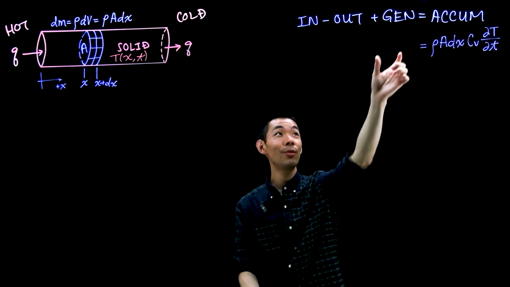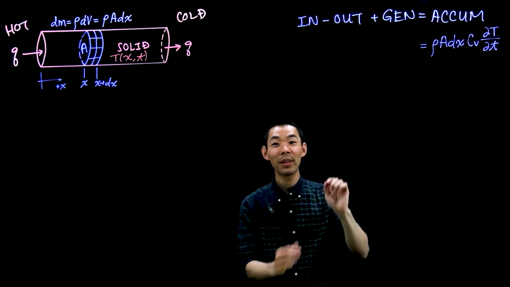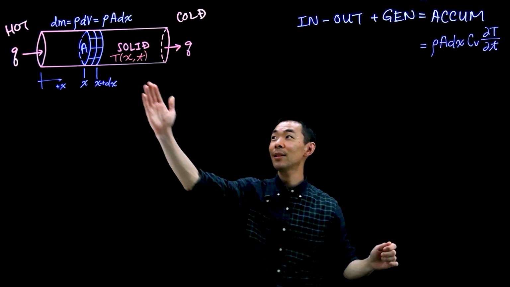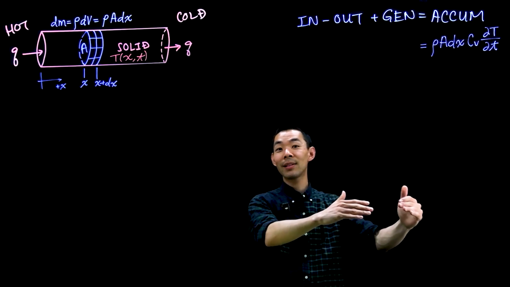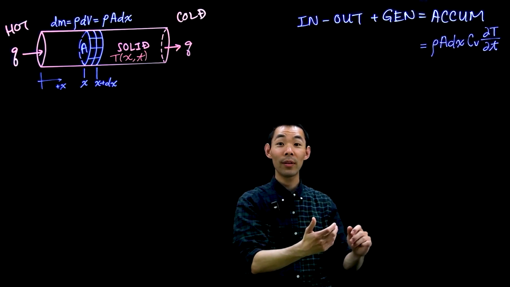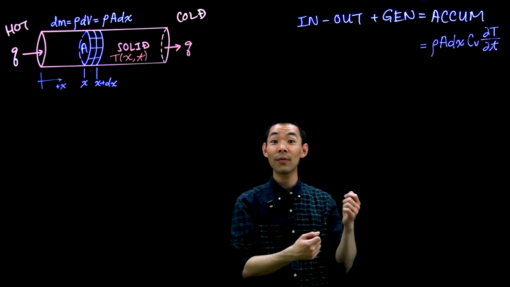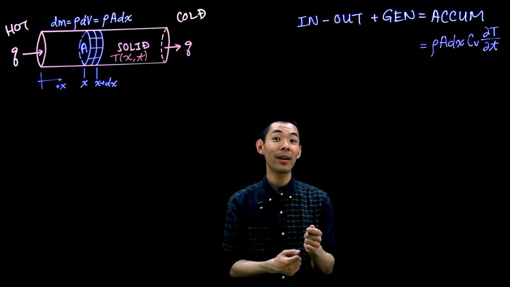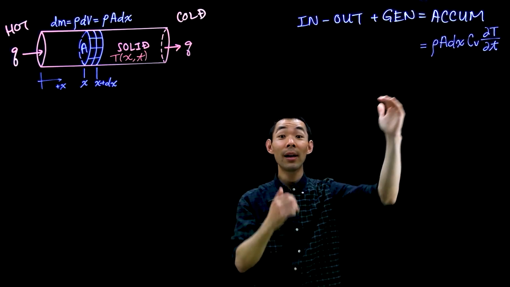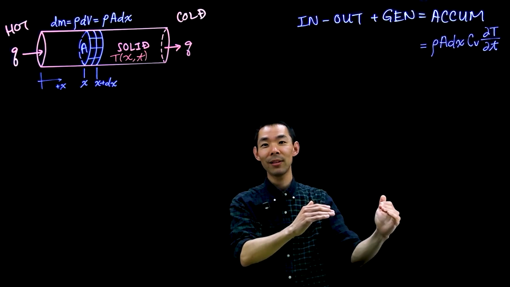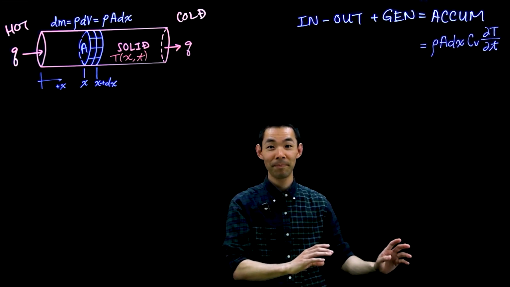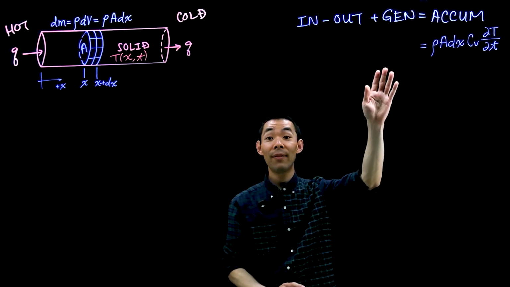In that case, you would need to include a generation term. It would be related to the chemical reaction happening inside the slab, and you'd have a separate equation for the actual chemical reaction happening, a conservation balance of the reactants and products. And so you have an energy balance coupled to a species mass balance for the reactants and the products. Okay? So you would have that case there.